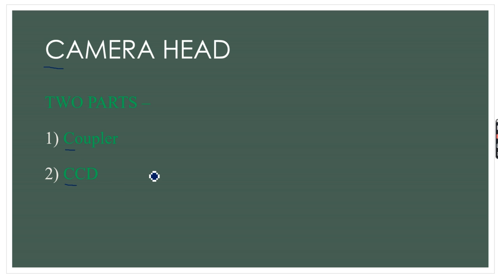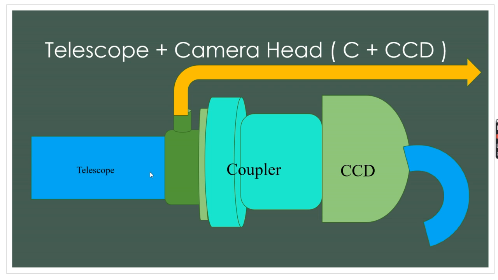And the coupler is another part of this camera head. Just to revise, the imaging system we have discussed till now is the telescope. It is attached to the camera head, and this camera head has two parts. The C stands for coupler and CCD, charged coupled device.